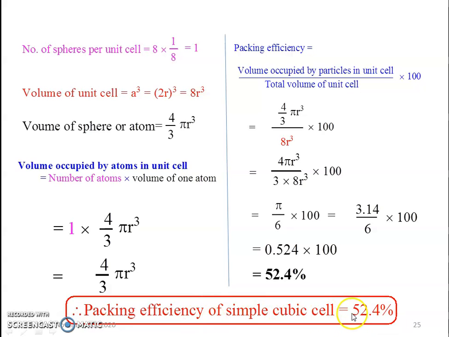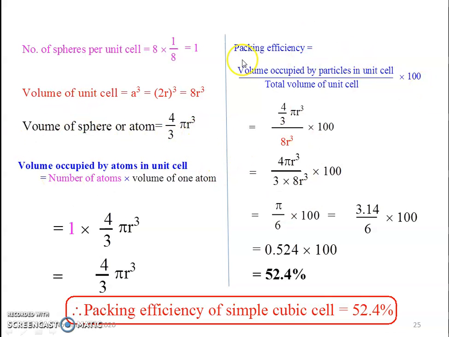This is very important. We obtained this value by knowing the number of spheres present in the unit cell, that is 1, then the volume of the unit cell using the formula a cube, and the volume of one sphere, that is 4 by 3 pi r cube.